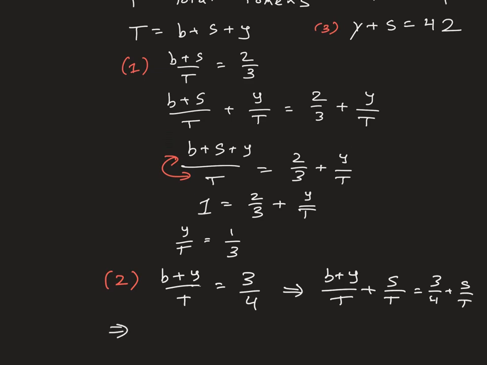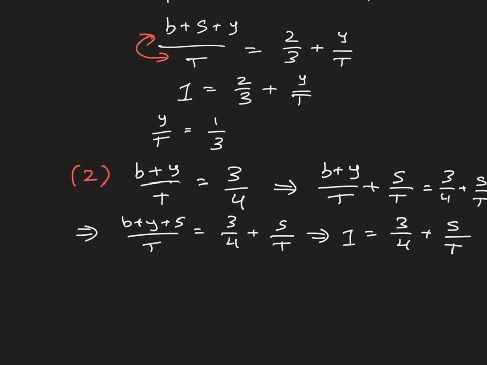And that gives us, and then we simplify that to the number of silver tokens over the total number of tokens is 1/4.